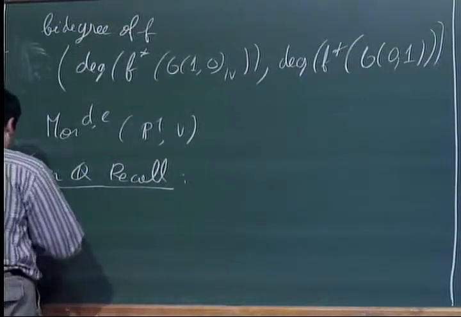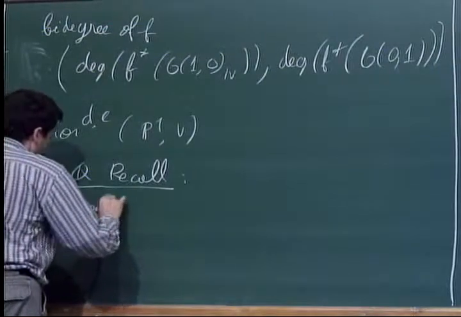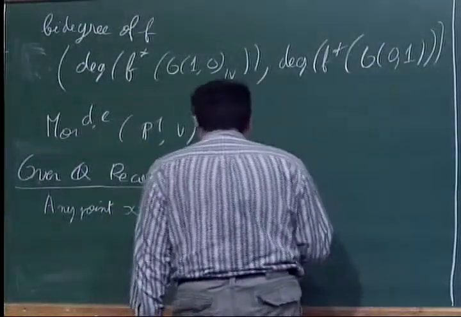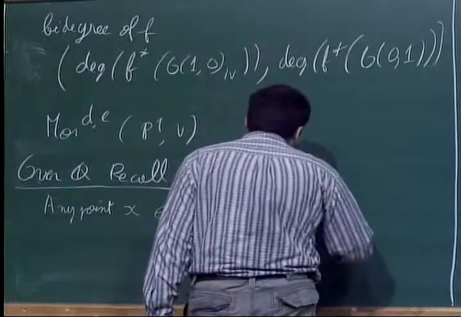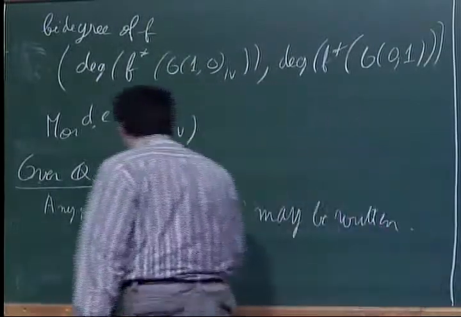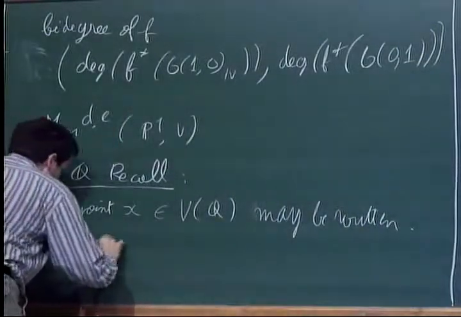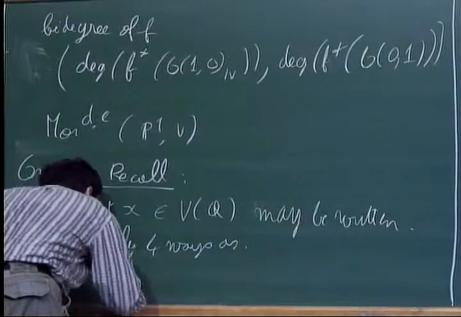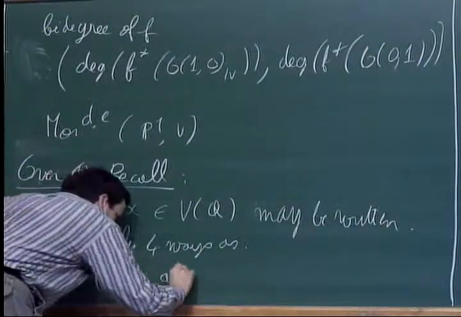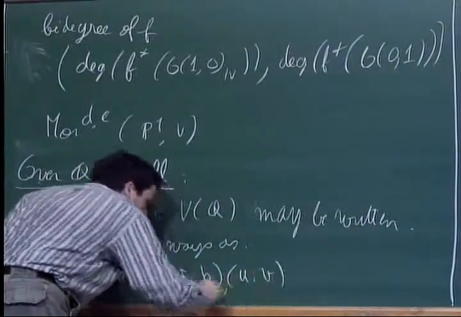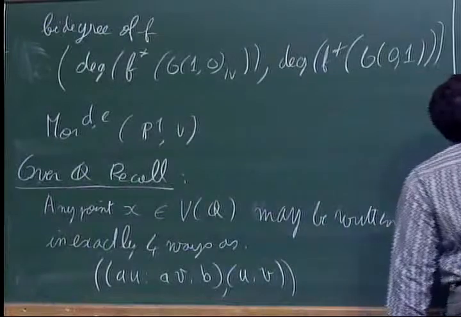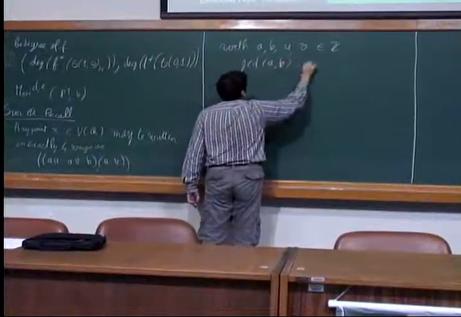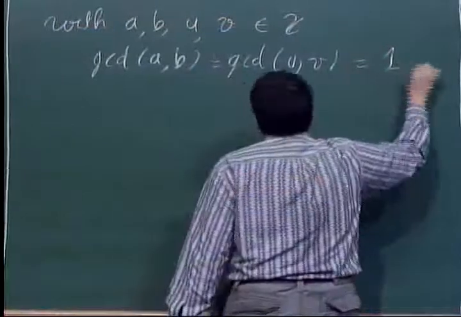Any point x in V of Q may be written almost uniquely, in exactly 4 ways, as (au, av, b), (u, v), with a, b, u, and v integers, and the GCD of a and b equal to the GCD of u and v equal to 1.